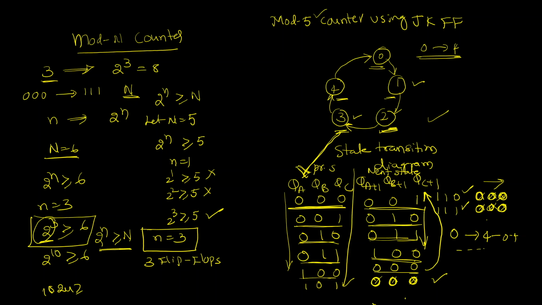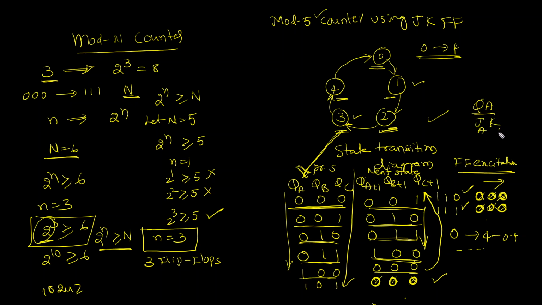Once you know the present state and next state, from that information I can get the flip-flop inputs such that this present state to that particular next state is possible. We need particular flip-flop excitations so that whatever I am expecting from the circuit, I can get it. That means if you know that QA is going from 0 to 0, what should be the inputs for QA? Let's say this flip-flop is JK.